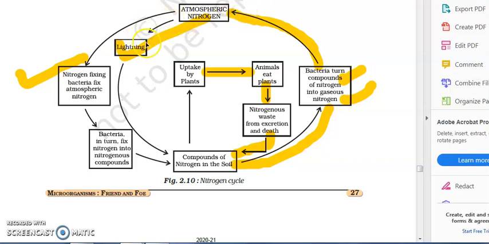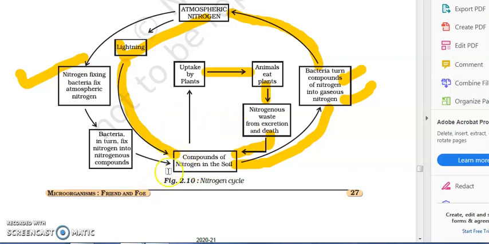Now next we will discuss how lightning helps. First of all, lightning is a huge amount of electrical sparks, and these electrical sparks help to break down the strong bonds of nitrogen and convert it into nitrogenous compounds, which are in the soil.